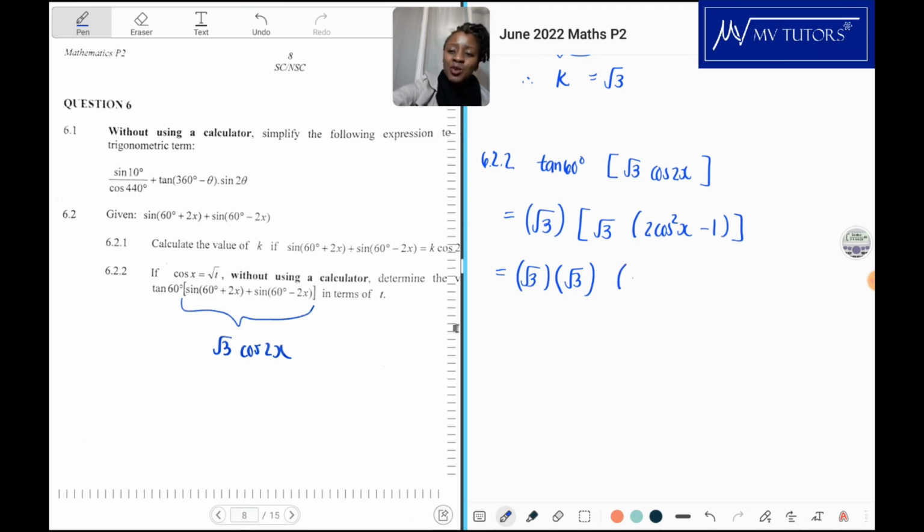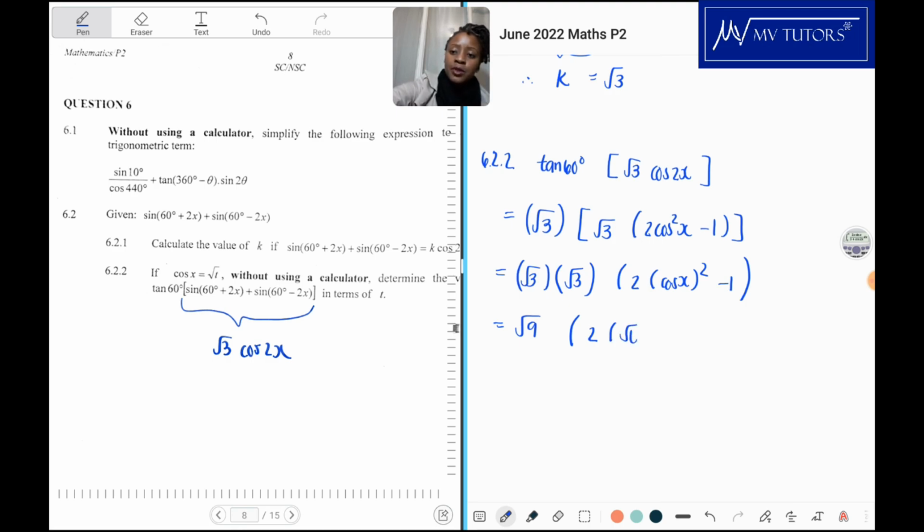So I have 2, and cos squared x is the same as saying cos x and then squaring it. Okay, so if I have root 3 times root 3, that will just be root 9, which is basically 3. But I have 2, and I already know that cos x is root t.